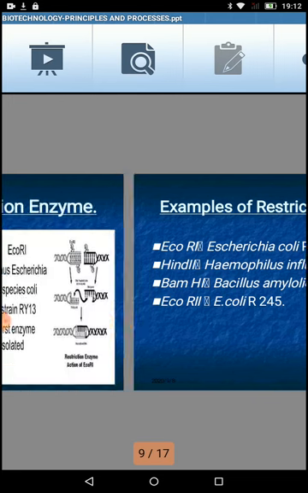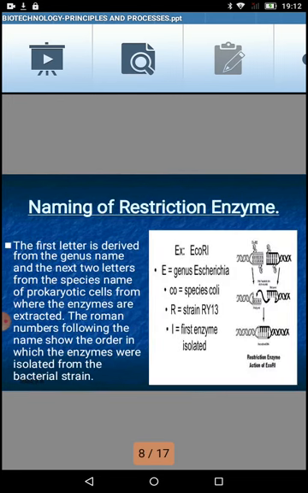Let's have a look at them. We take an example of a restriction enzyme, as you can see in the slide, EcoRI. The numeral represents the number one. Now what does each and every letter mean? It is not written as such. There is a meaning why only these few letters are used to represent a restriction enzyme.